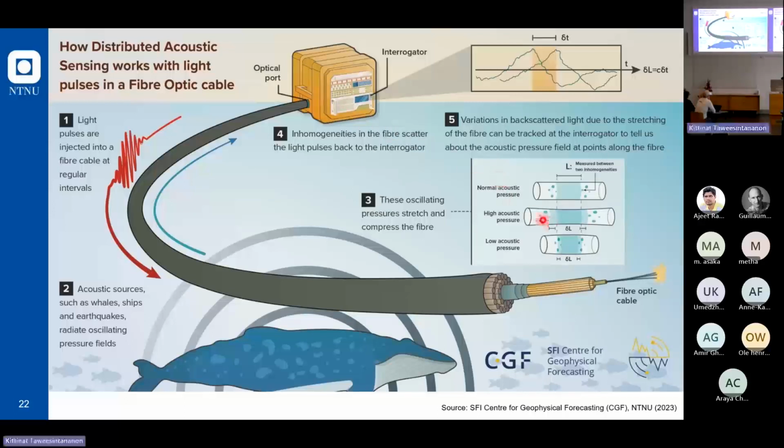So in simple terms, they change the optical phase, the optical travel time of the light, for each location in the fiber. Variations in the backscattered light due to this stretch and squeeze of the fiber can be tracked at the interrogator to tell us about the acoustic pressure field at each point along the fiber.